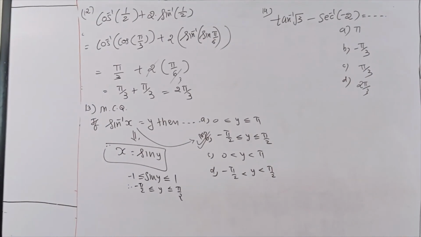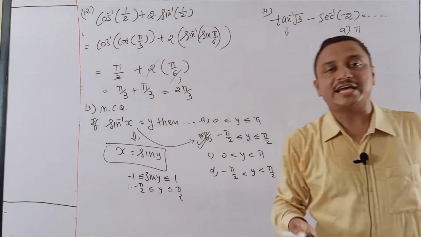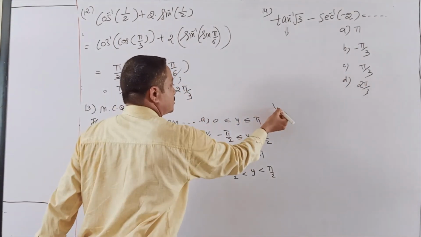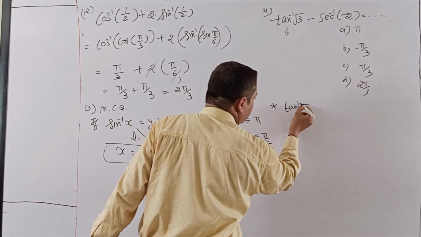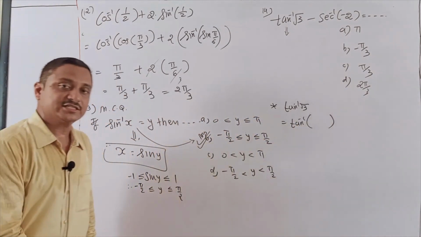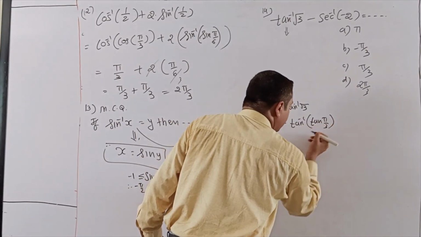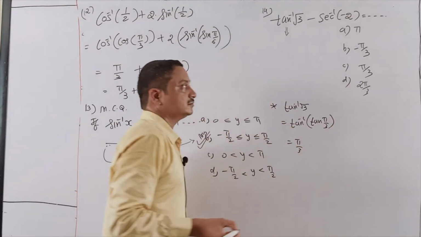So students, first of all look at that tan inverse root 3 solution. After that I explain the sec inverse minus 2 solution. So tan inverse root 3. You know that when tan is root 3, yes, it is 60 degrees. So I just write down tan 60, tan pi by 3, my answer.